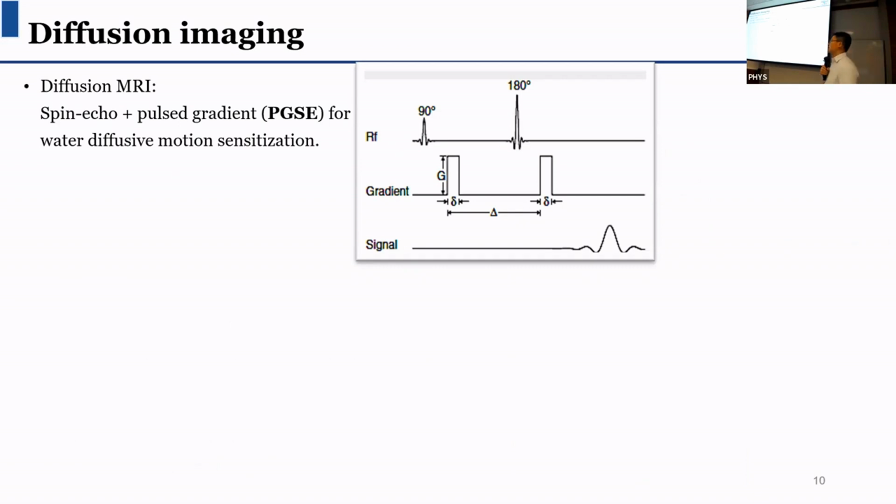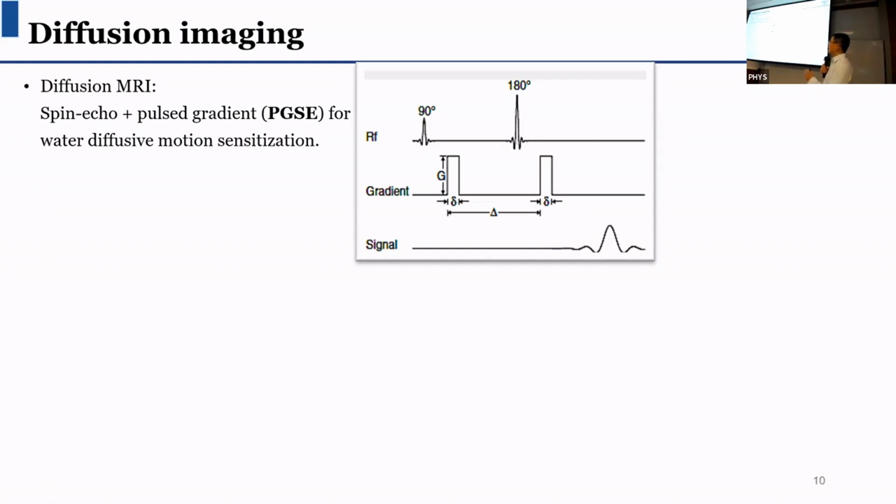The most important difference is that you have another gradient, called the diffusion gradient, which is very narrow. It means the little delta will be quite small, and you have this big delta, which describes the water molecule moving from one place to another.